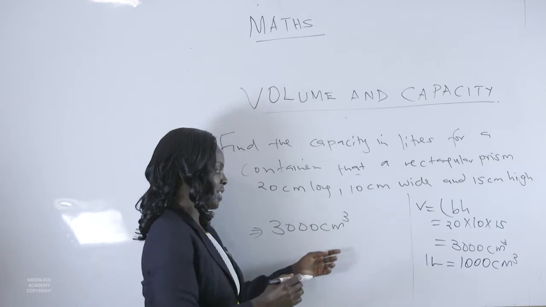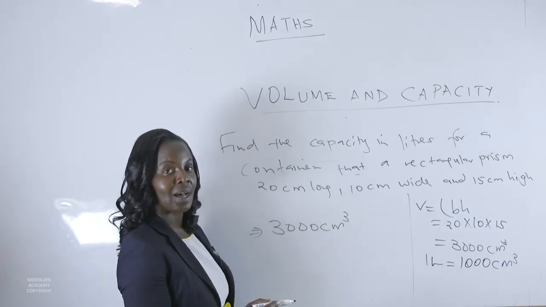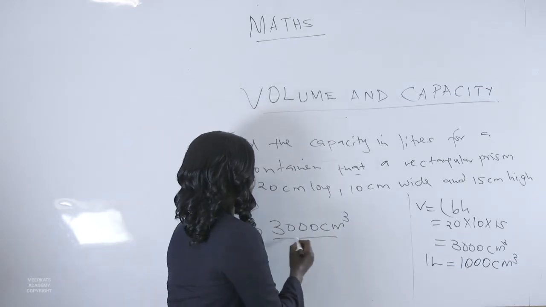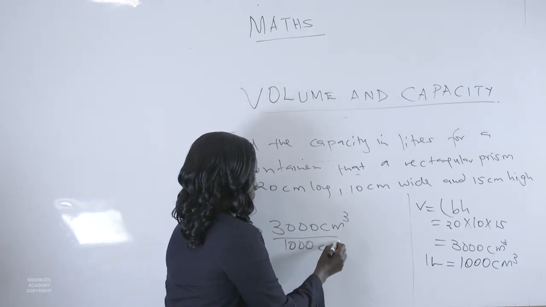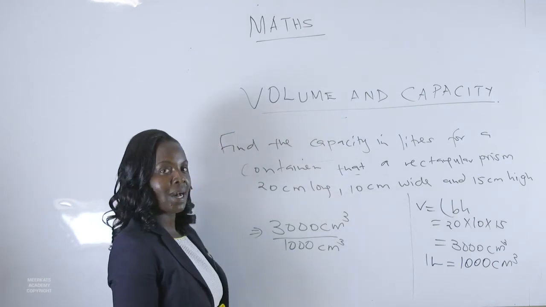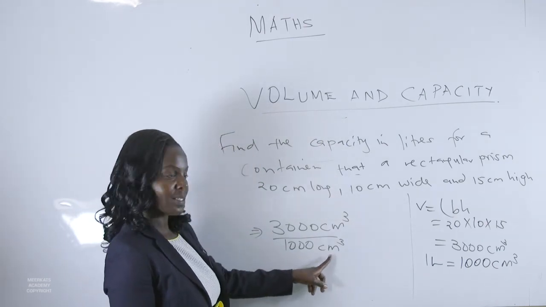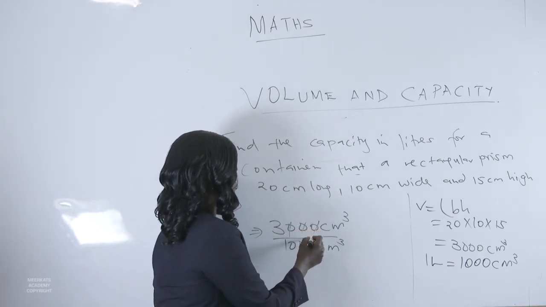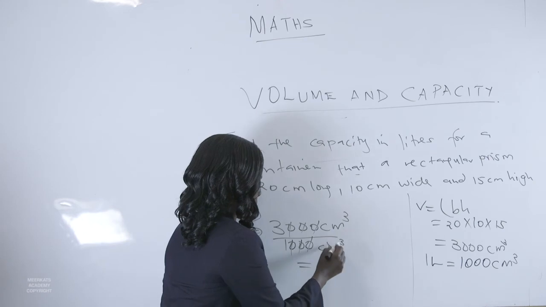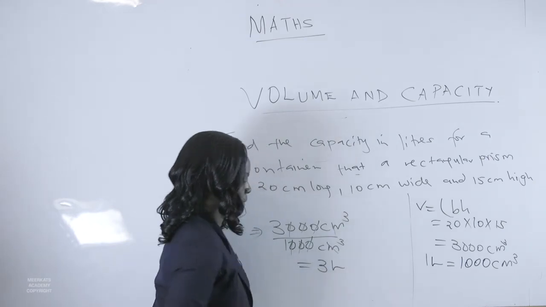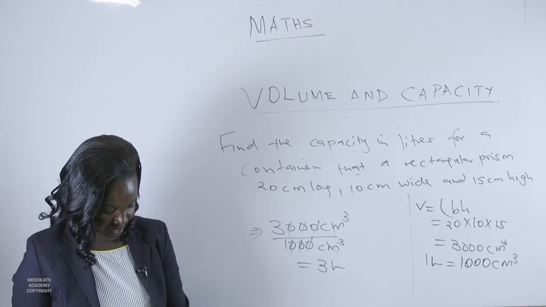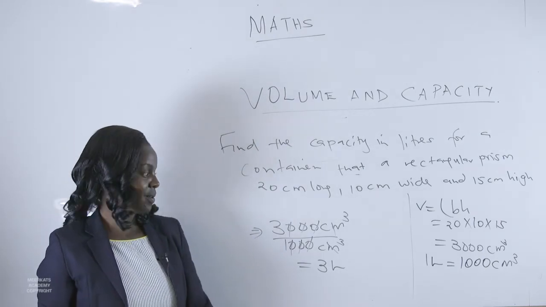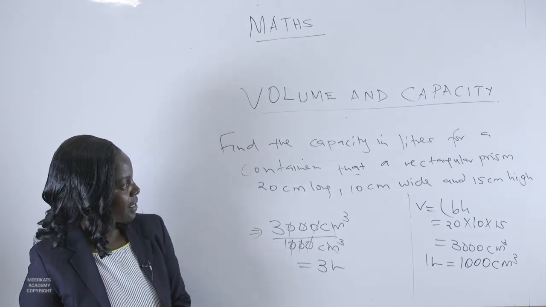Because we are changing from a smaller unit to a bigger unit, we divide. So the capacity of this container is 3 liters. In other words, it can hold 3 liters.